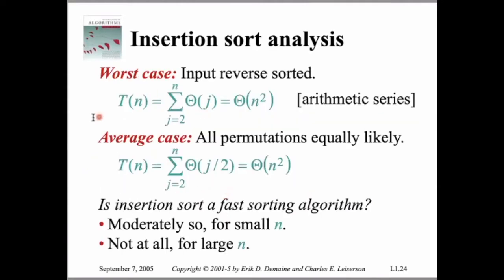Okay, so for the insertion sort, we have a worst case analysis of n squared. This is because we have j comparisons inside the loop, and we have the value of j na starting from 2 to n.